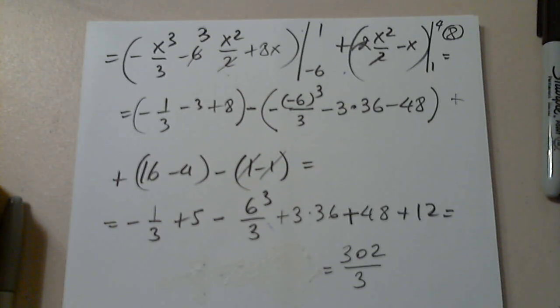In order to find the shaded area, I have to find the integral and subtract from the function above, which is f of x, the function below. How do I determine this area? From the function above, I subtract the function below. So from g of x this time, I subtract the function f of x.